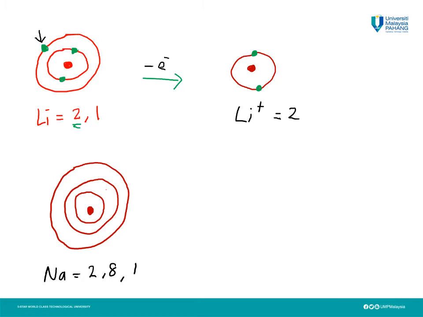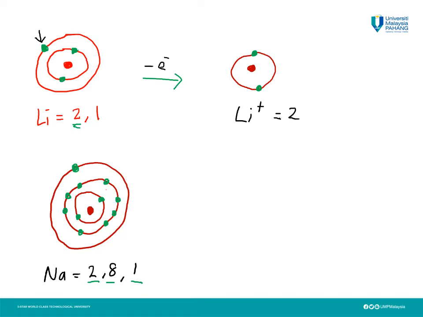So in sodium, the first orbital consists of 2 electrons, the second orbital having 8 electrons, and the outer orbital having 1 electron.